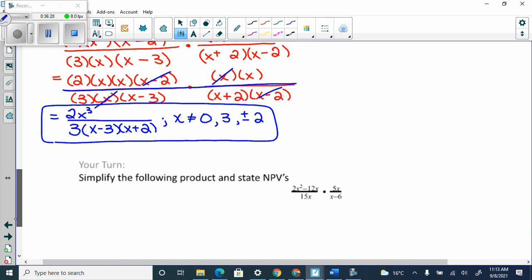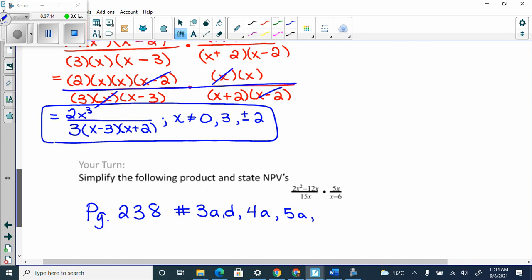So we're in chapter 4. We're going to work on page 238, number 3 AD, and 5A.